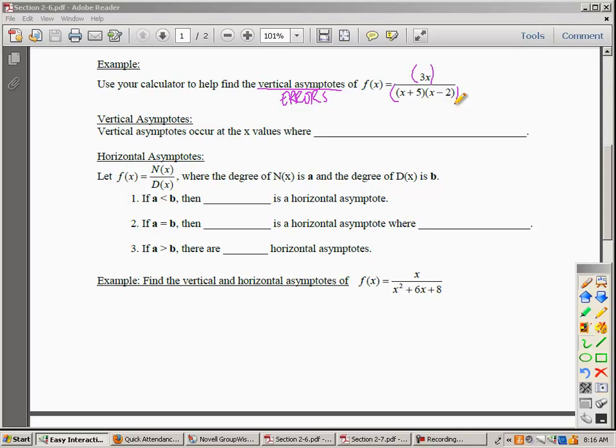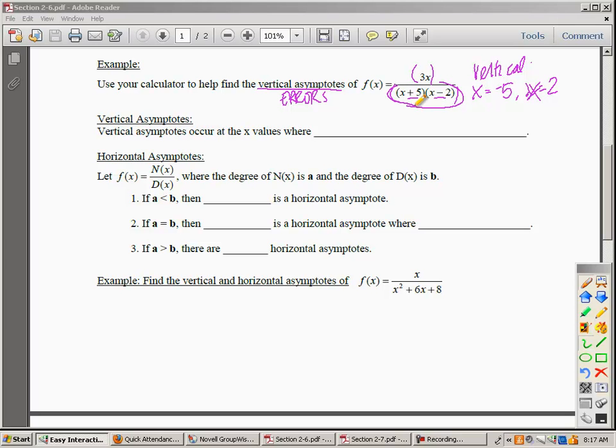And I think you could probably look at this and say, when will you have an undefined fraction? We'd have an undefined fraction when our denominator is equal to 0. So I have vertical asymptotes at x equals -5 and at x equals +2. Okay, and again, the idea is when you get an undefined fraction is when you have these vertical asymptotes.